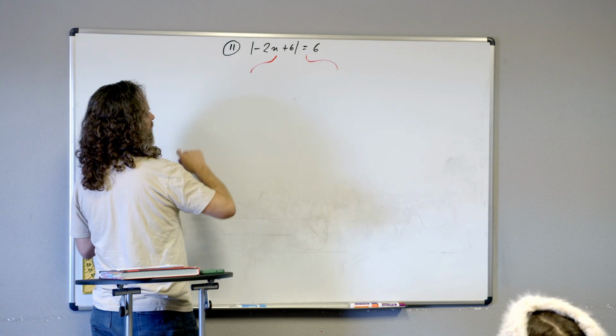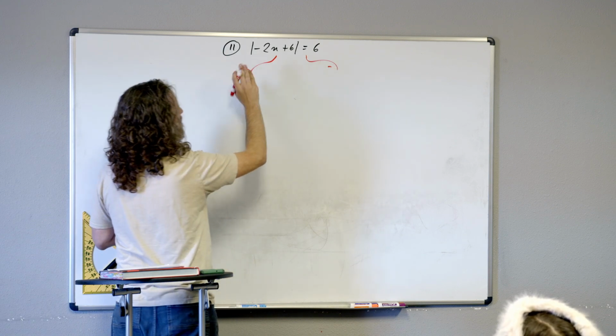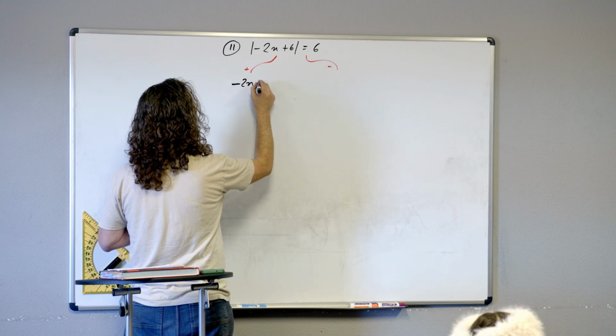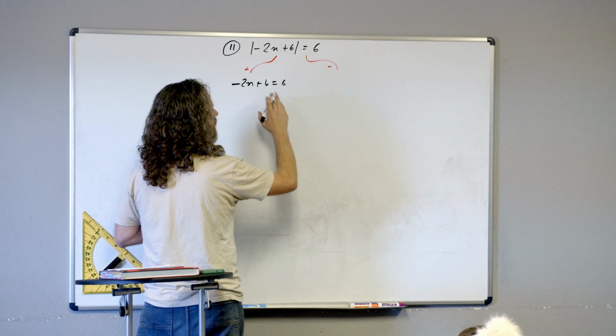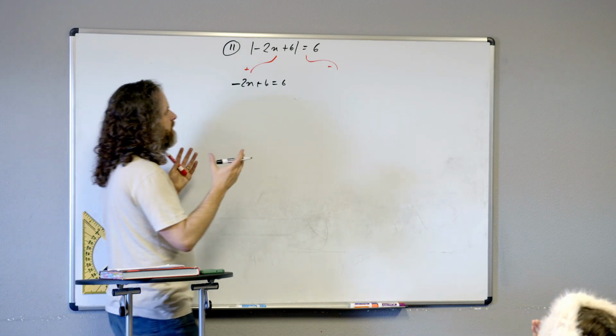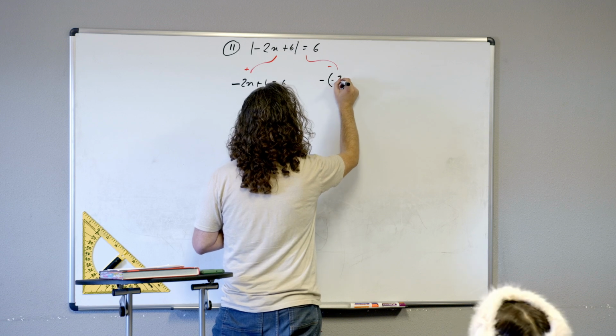The positive one is exactly the same, but with no absolute value, right? So negative 2n plus 6 equals 6. The negative one, what do we do with that? We have parentheses and a minus. That's right. So negative of everything in the absolute value.